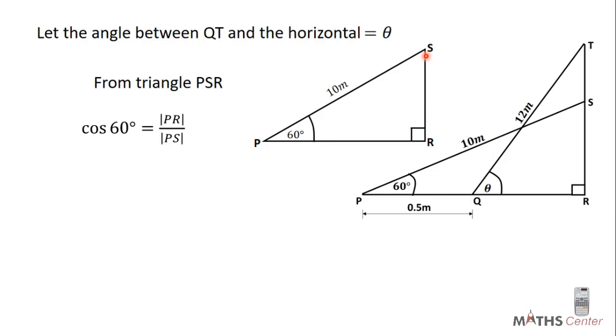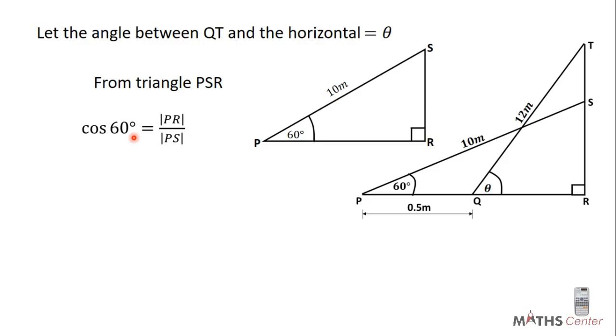We also don't know SR. But we know this angle to be 60 degrees, and we know PS to be 10 meters. On this right angle triangle, PR is adjacent to the 60 degrees and PS is the hypotenuse. So we have adjacent, we have hypotenuse.